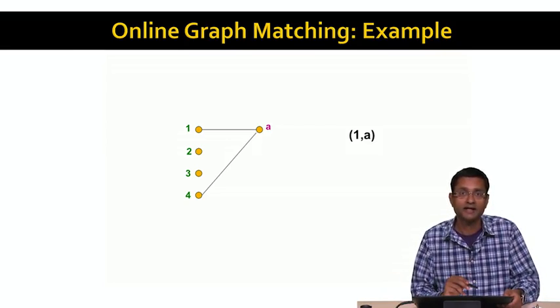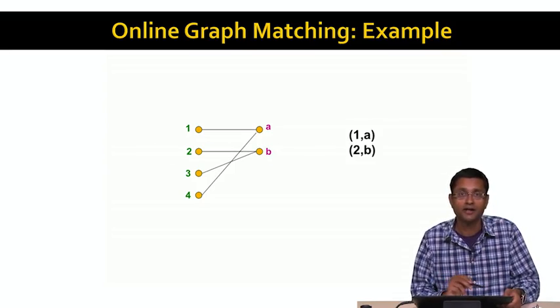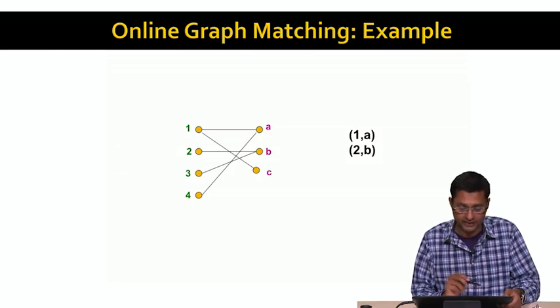Now, the second girl node comes in, and notice that B is compatible with nodes 2 and 3, and once again we have the same choice, and let's say we choose to pair 2 to B. Now let's say C comes in, and we have just the one edge, 1C.